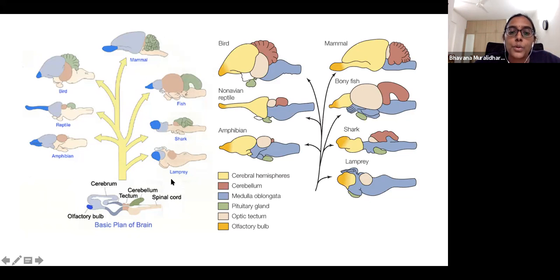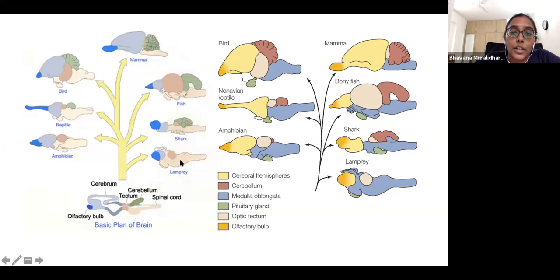But what I want you to now see in this basic plan, which is perhaps shown well here in a better way, is that as evolution goes, I think evolution has gone from the back to the front, and that is evidently seen here.